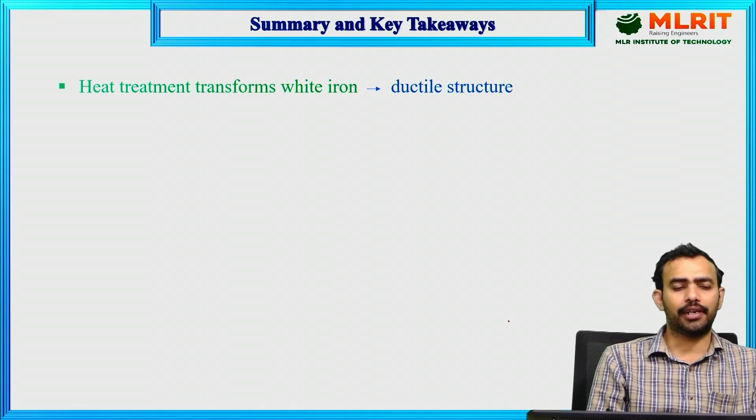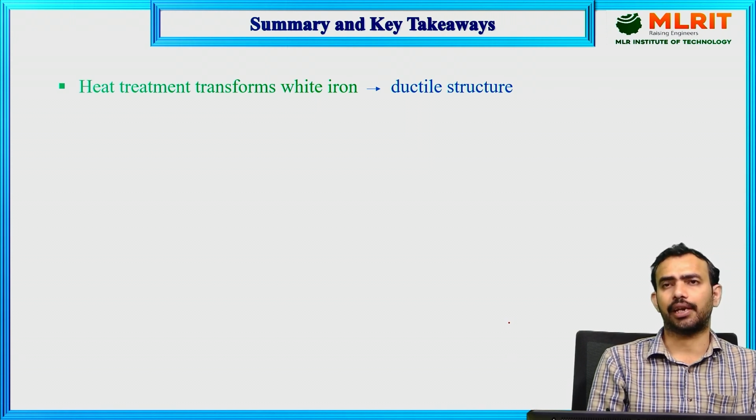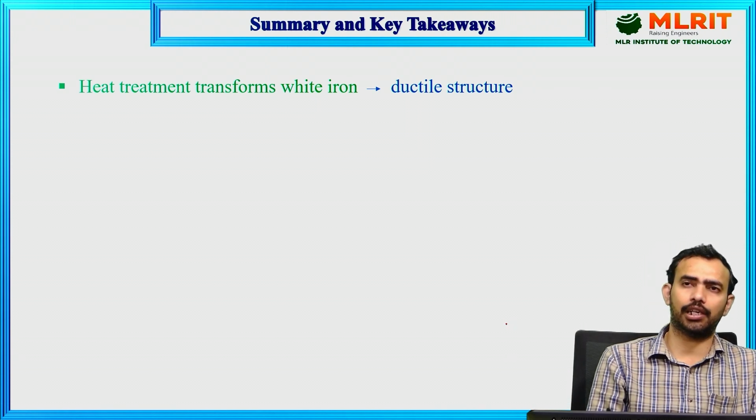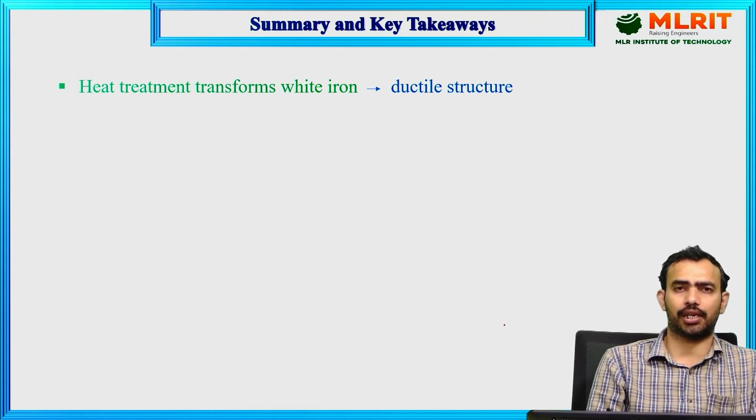So if you summarize, heat treatment transforms white cast iron into a ductile structure, which is malleable cast iron. The starting material is white cast iron, which has excessively high amounts of iron carbide.